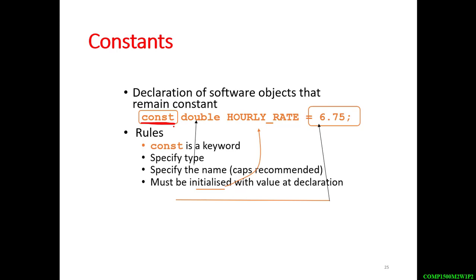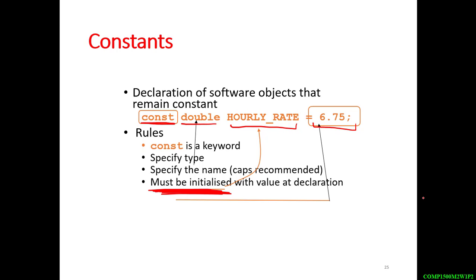Then the name of the constant, and remember all caps, and you should give it a value. You must initialize your constant. You cannot change the value of the constant within the program, and it must be initialized at the beginning of the program.